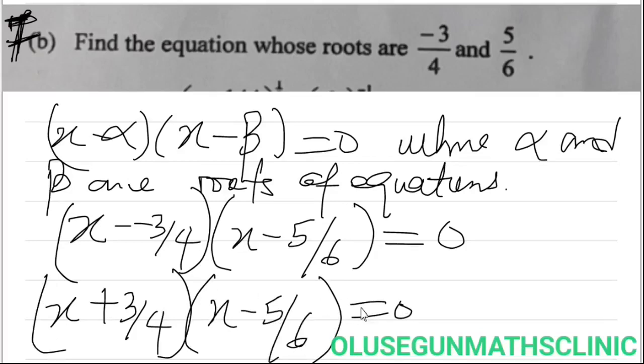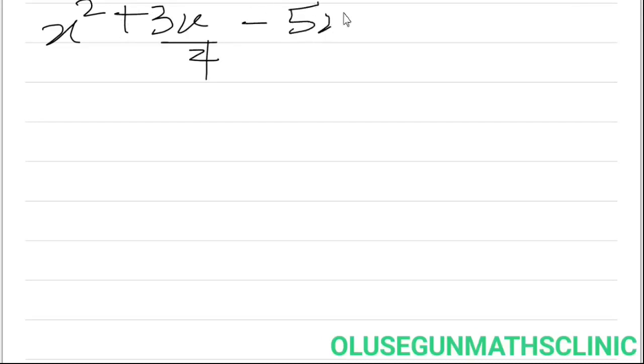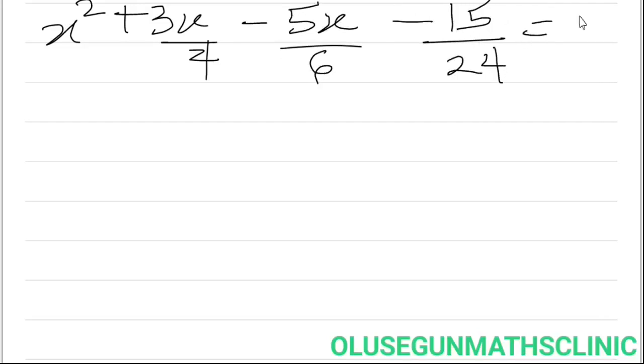So let's try to expand it one by one. x times x will give us x squared, plus 3x over 4, minus 5x over 6, minus 15 over 24, is equal to 0. So let's multiply all through by 24.